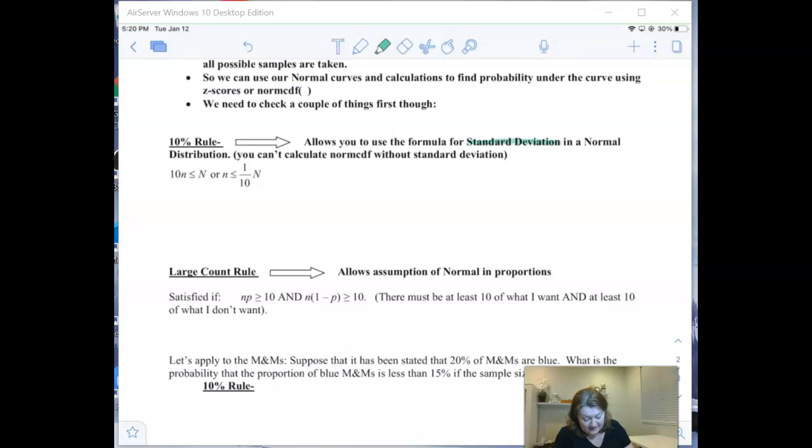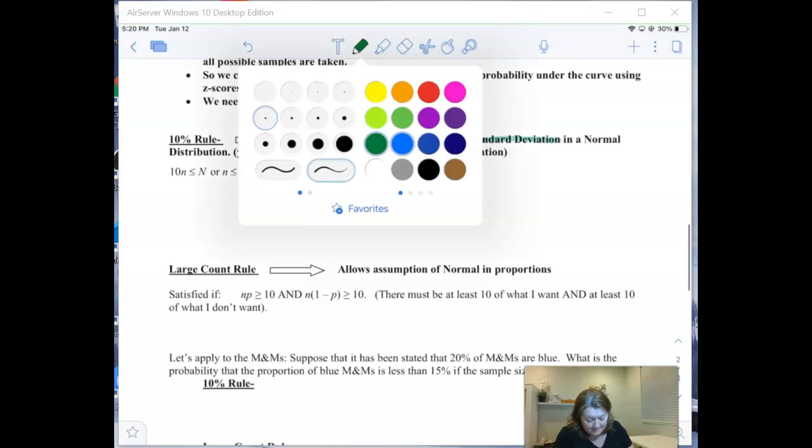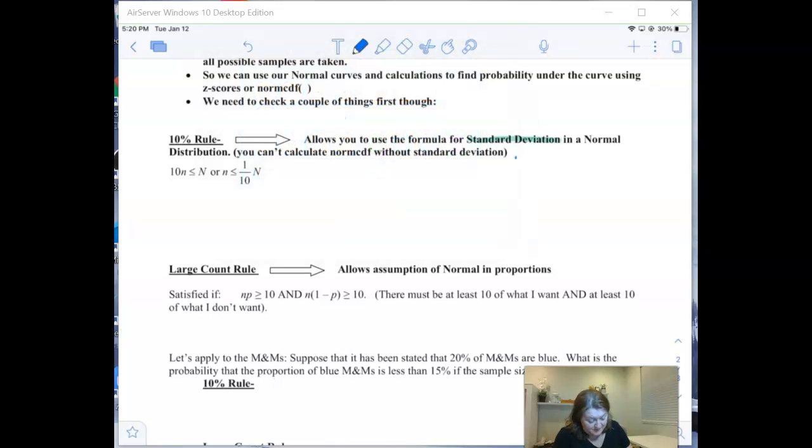All right, so how do I do that? Okay, little n, remember, is your sample size. Big N is your population size. Okay, I need to make sure that however many M&Ms I sampled, those M&Ms where I'm counting the blue ones, my scoop size is not more than 10% of all M&Ms in the universe.